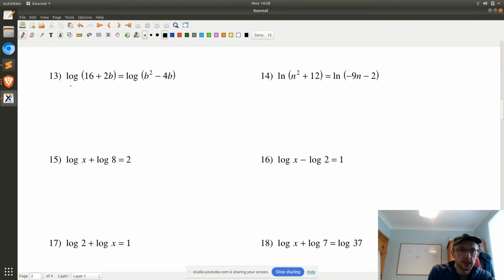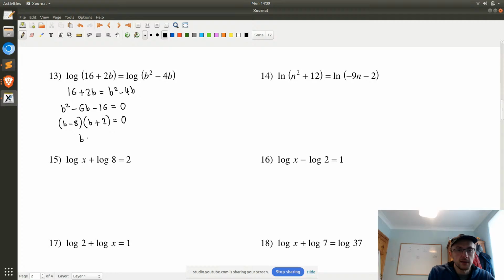Remove the logs from both sides. So 16 add 2b equals b squared take 4b. Make it into a quadratic. So b squared minus 6b minus 16 equals 0. And the way to get this is to do b take 8 times b add 2.